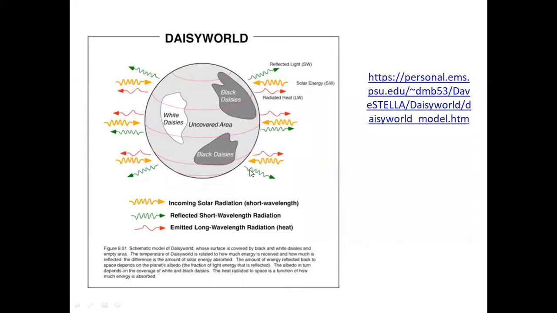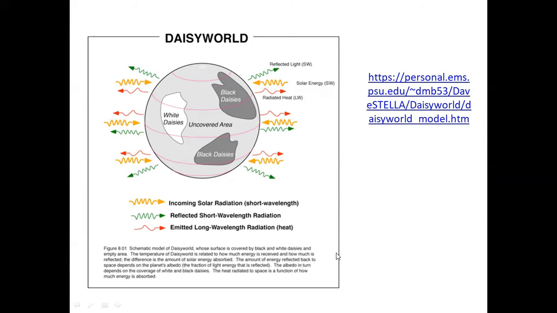Okay, this is the Daisy World. Try to look at that. This is the schematic model of the Daisy World, whose surface is covered by black and white daisies and empty area. The temperature of Daisy World is related to how much energy is received and how much is reflected. The difference is the amount of solar energy absorbed.